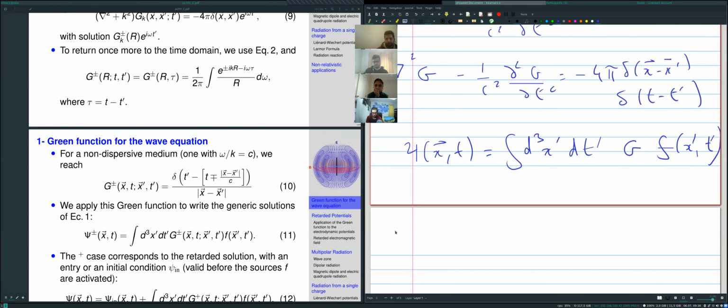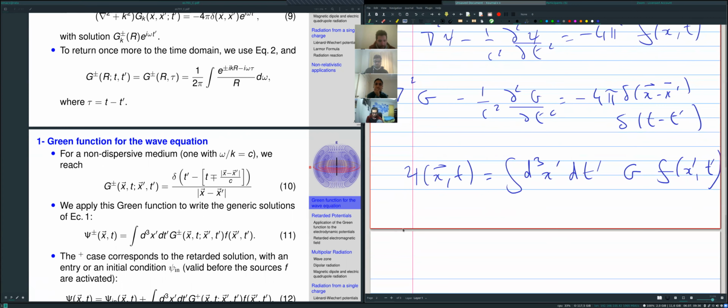How do we know this? Well, because if I apply, look at the first equation right on top of my sheet here, I apply this operator to this version of phi. So we have Nabla squared phi minus 1 over c squared d2 phi dt squared. This would be the left-hand side operator, the wave D'Alembertian operator.